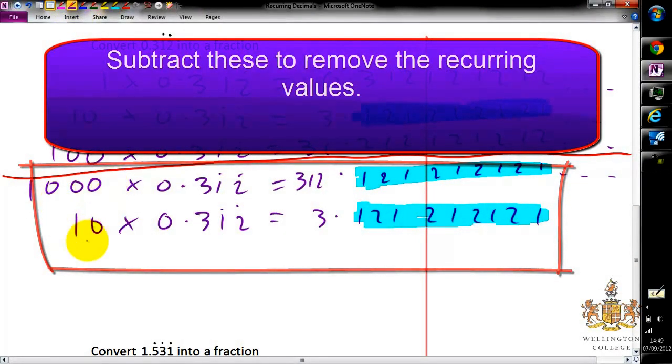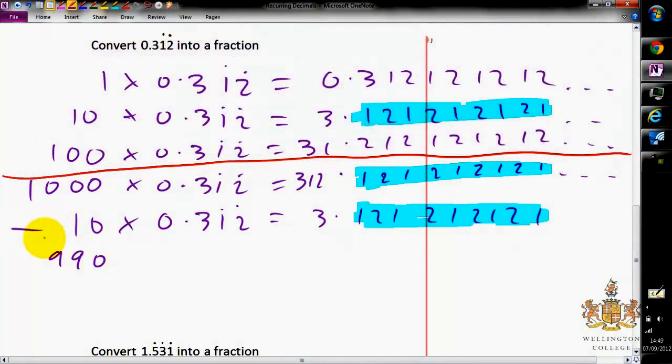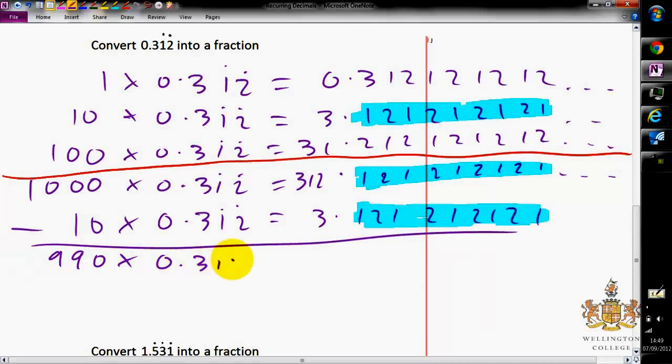Take it away. 1,000 minus 10 is 990 lots of 0.312. Take 312 and subtract 3 from it, and we get 309. The decimal places, remember, cancel out.